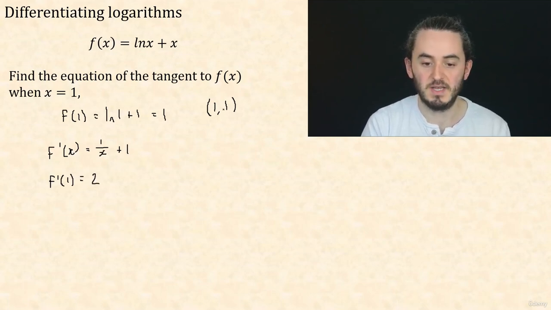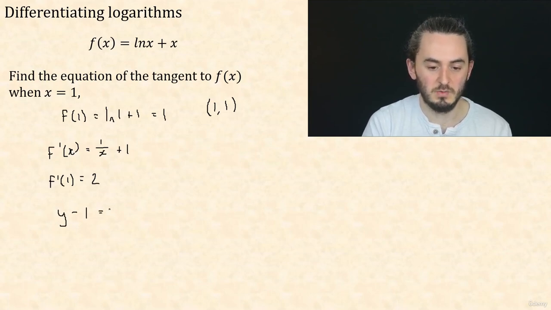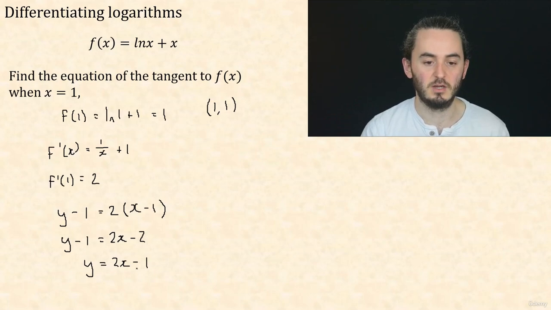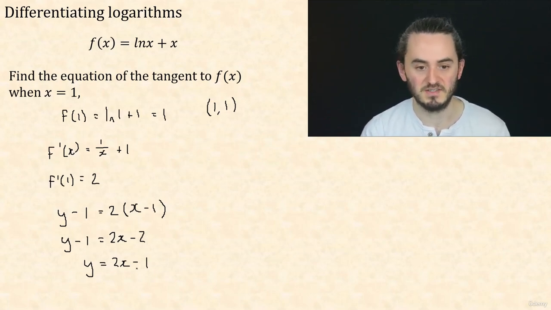So I've got a gradient and a point, so it's y minus the y value equals the gradient times x minus the x value. So y minus 1 equals 2x minus 2, and y equals 2x minus 1. There we go. So we can find equations of tangents of functions that involve ln x's.